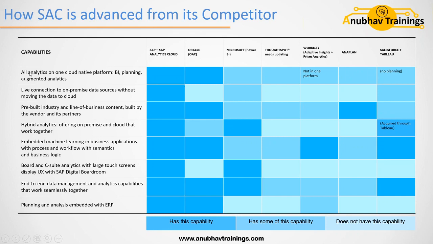So if you really see all these capabilities: one cloud native platform for BI, planning and augmented analytics, live connection to on-premise solution without moving data to cloud, pre-built industry and line of business content built by vendors and its partners, ecosystem, hybrid analytics offering on-premise and cloud that work together, embedded machine learning with business application with process and workflow, with semantics and business logic, broad C-suite analytics with large touch screen display UX, which is called SAP Digital Boardroom, end-to-end data management and analytics capability which work seamlessly together across cloud and on-premise, planning and analysis embedded with ERP.